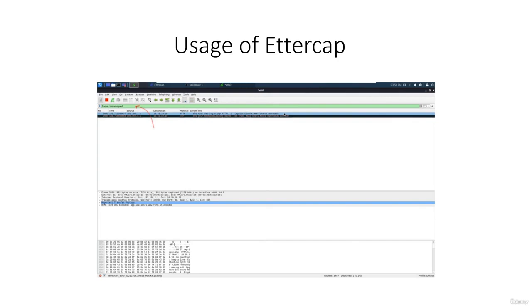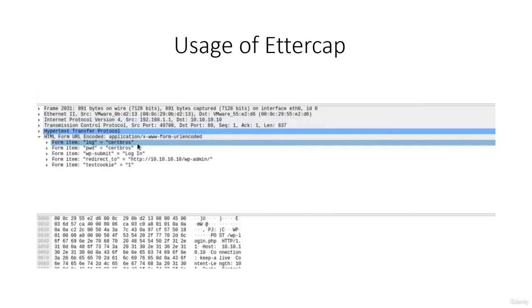Then after that, we got the filter frame that contains the password field. Very easy. The password and the username are visible due to the usage of unencrypted HTTP protocol.